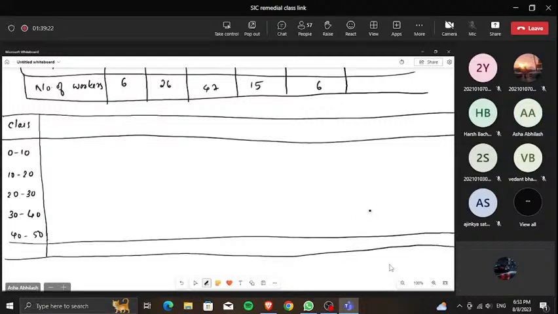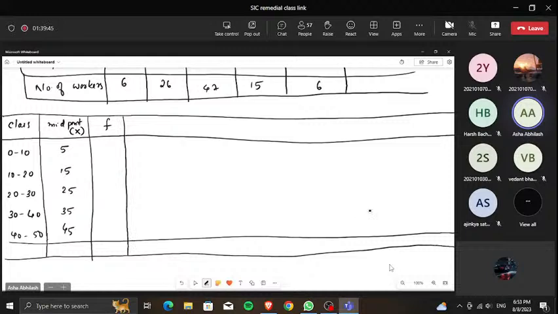Yes. And then we will find here the midpoint. What is the midpoint here? 5, 15, 25, 35, 45. Midpoint, if you want, you can denote it as X. Then next is your frequency.